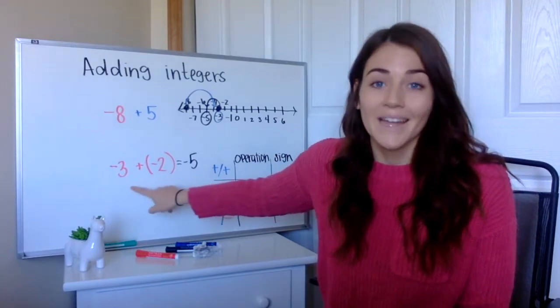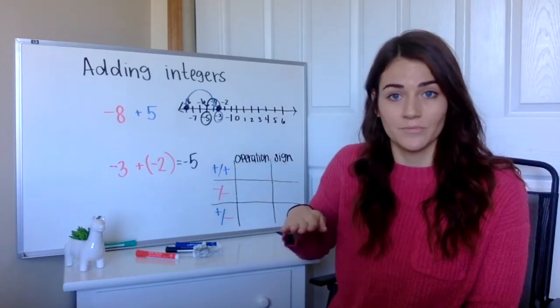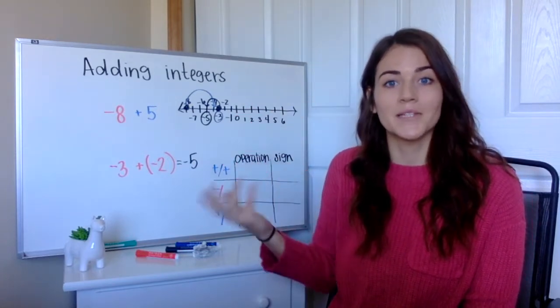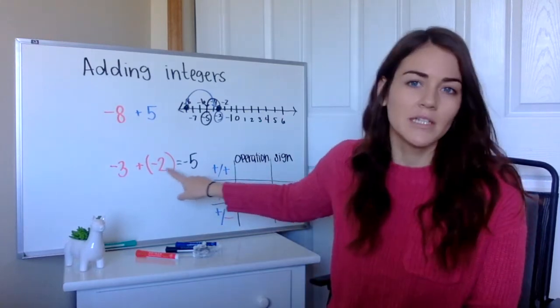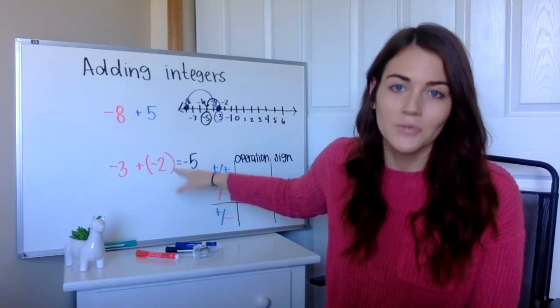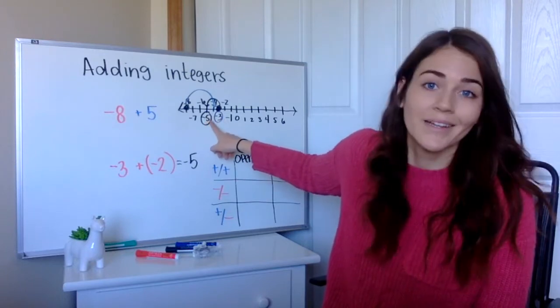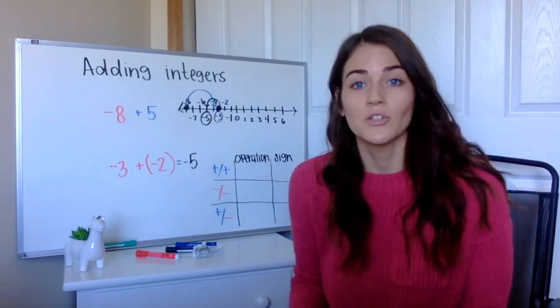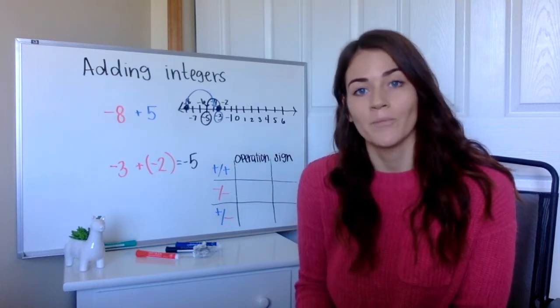So if we're at -3 and we go down another -2, a lot of people want to tell me, oh, it's -1 now. If it's going down 2 degrees, is it going to get colder or warmer? Right, it's going to get colder. So -3 down 2 degrees, we're going to get at our -5. You can use those three strategies to help you solve any integer problem.